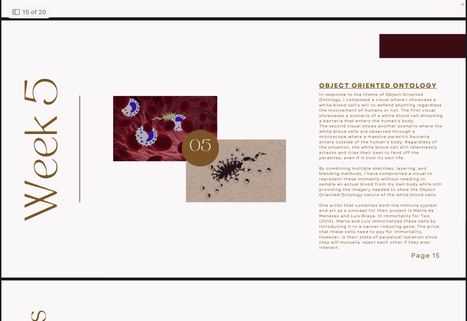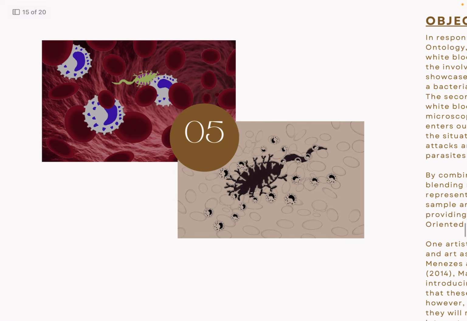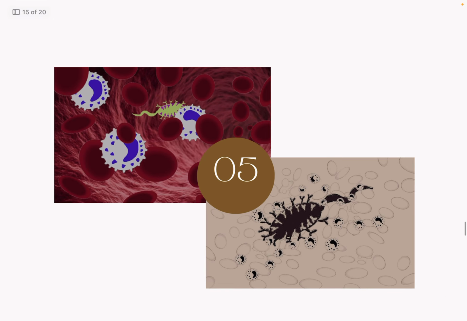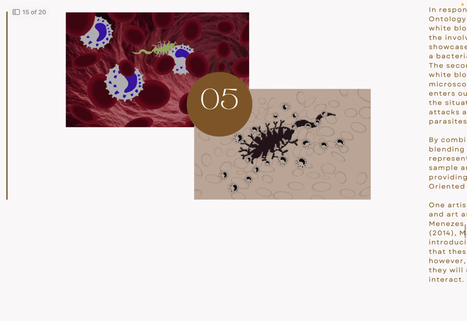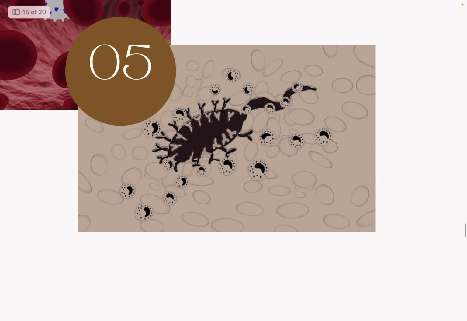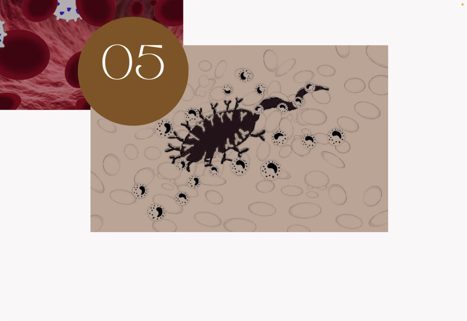In week 5, for object-oriented ontology, I'm thinking of cells and how they have their own will and react without human involvement at all. This is an example I created, a white blood cell attacking the germs inside the body, and the second picture is attacking a germ outside of the body.